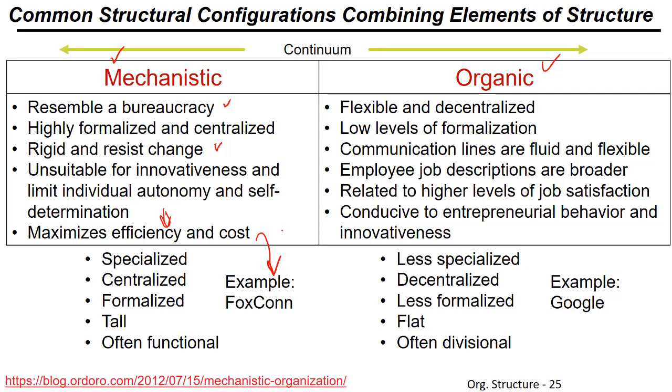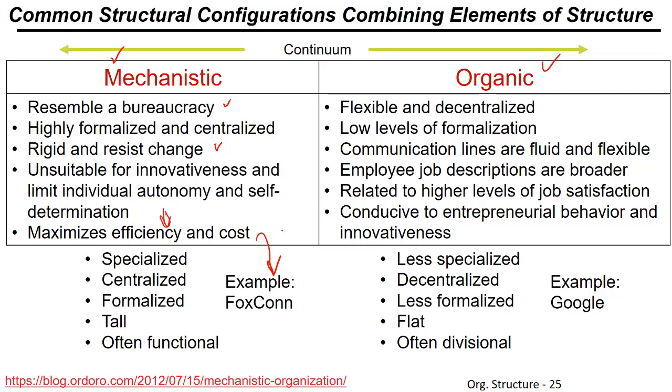Foxconn, which is one of the world's largest contract manufacturers, operates in Taiwan and China, and actually around the world. They claim they want to come to Wisconsin and build some factory, which is still a work in progress, and tends to belong to this type.